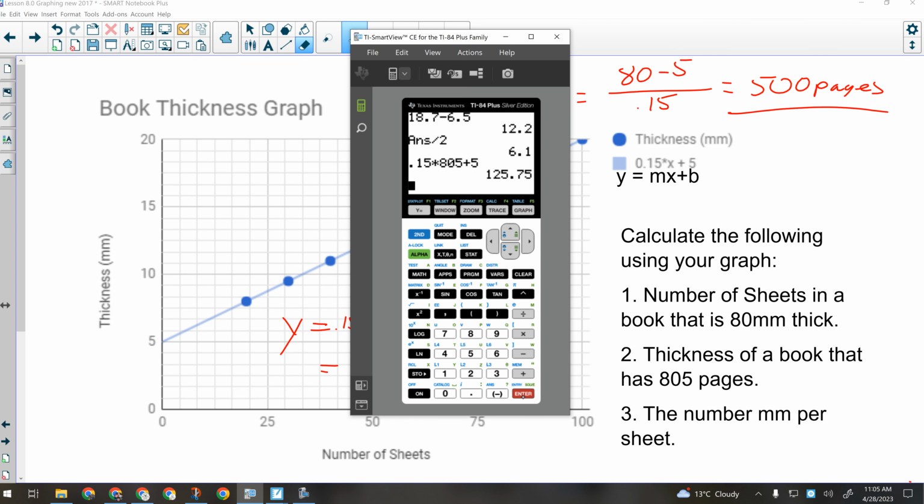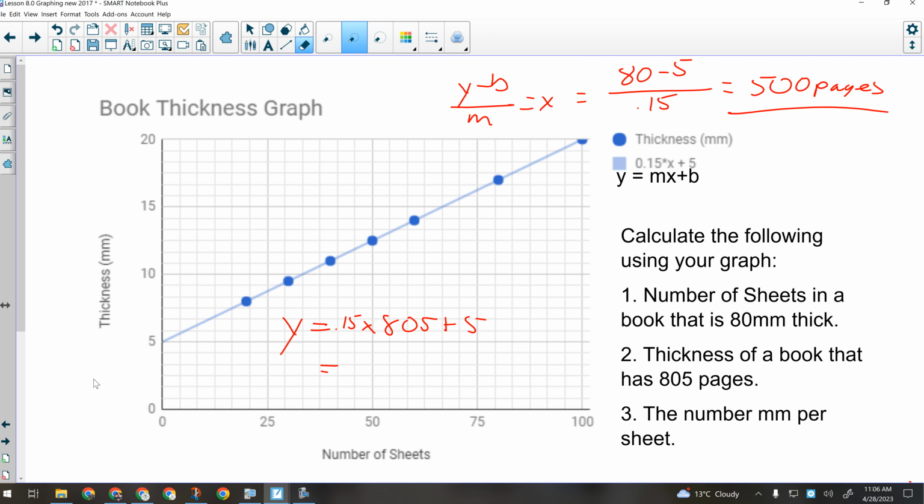Okay, so it would be 125.75 millimeters thick. That's a thick book. That's War and Peace. Okay, that's super thick. All right. Questions on that one?